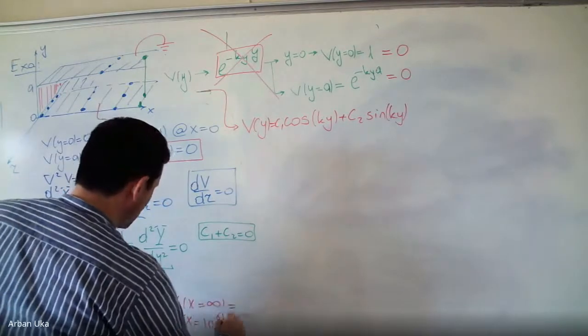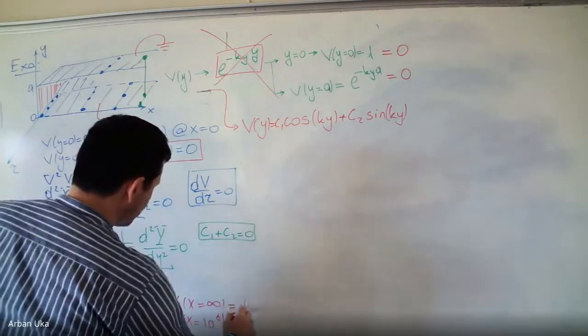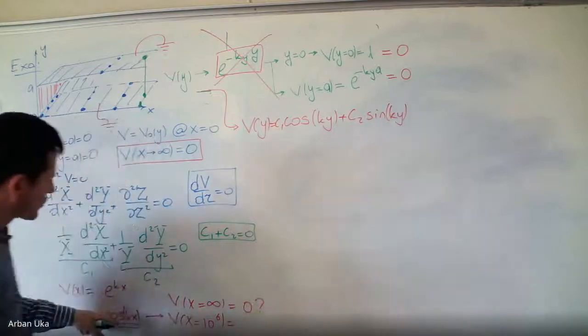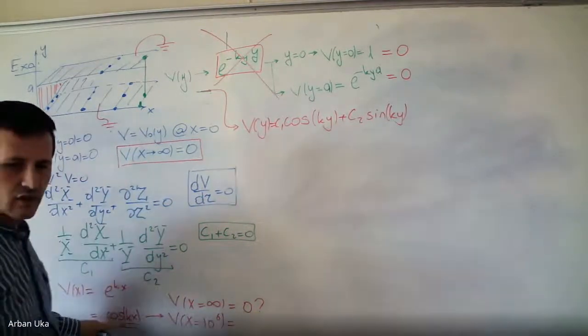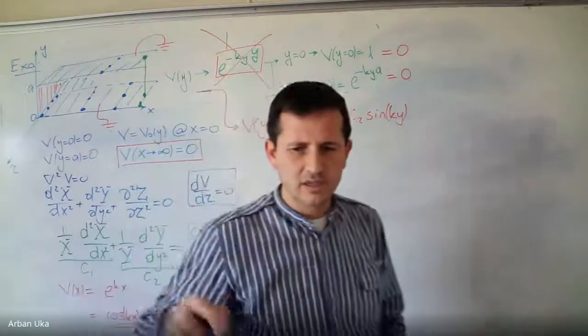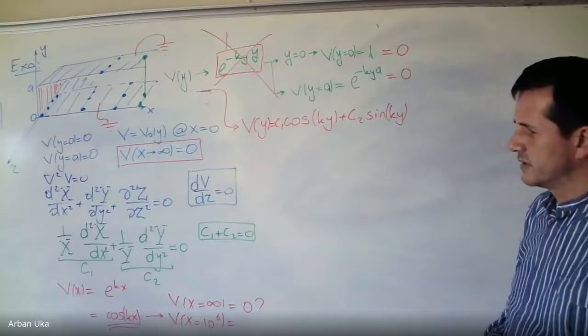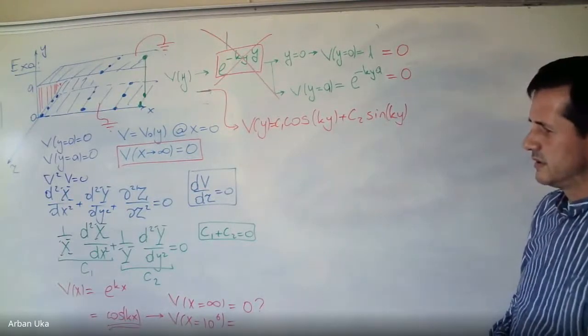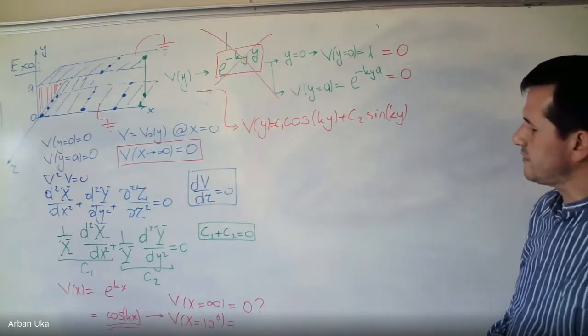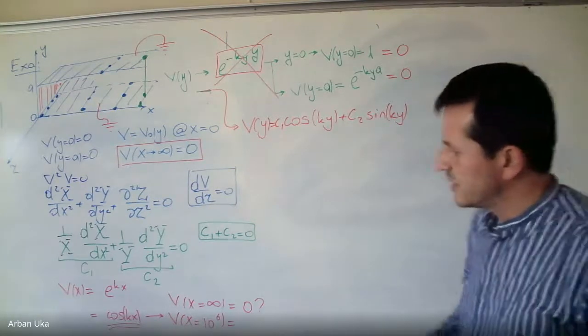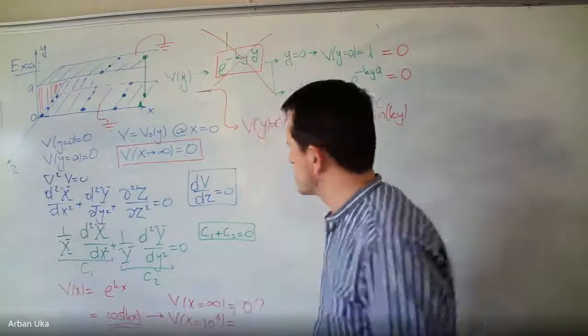Is this 0? This is cosine. Cosine never converges to 0. It oscillates. It goes from -1 to +1. So cosine is not a very good choice.